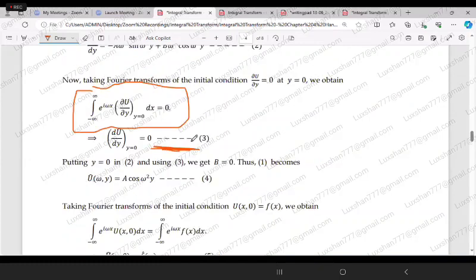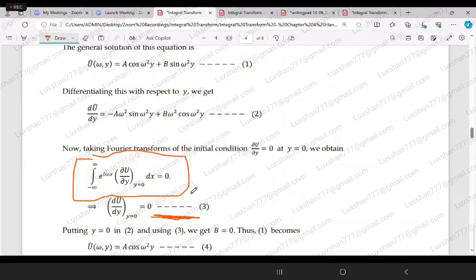Look at here. If you substitute this value in this equation, you get 0 equal to sine 0, which is 0, plus b omega squared cos 0, which is 1. Therefore, b equals 0.